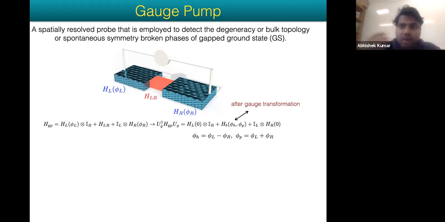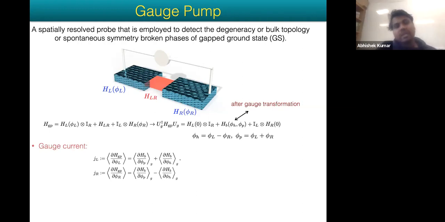Then we look for some observable that depends on those gauge parameters and will be useful for detection of this topology or degeneracy. Mathematically, you can write the Hamiltonian as given here, and you can gauge out all the gauge parameters from the left side to the bridge Hamiltonian.